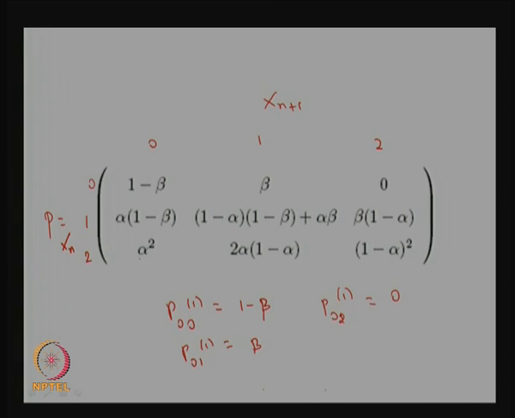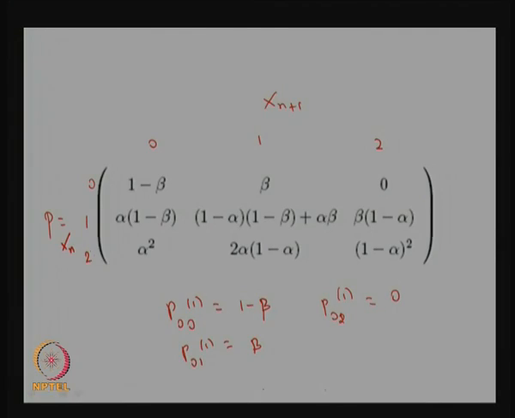That means both the machines failed in the same day. Therefore, that probability is alpha times alpha, the probability that both machines failed in the same day. Therefore, in the next day the number of working machines goes from 2 to 0. Like that, you can visualize the other elements also.